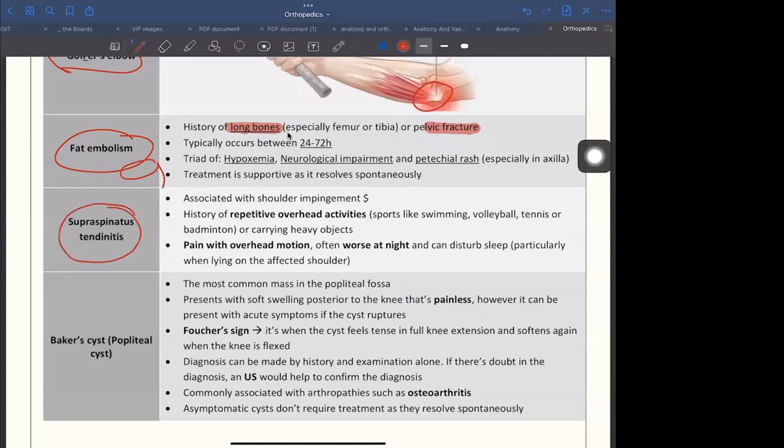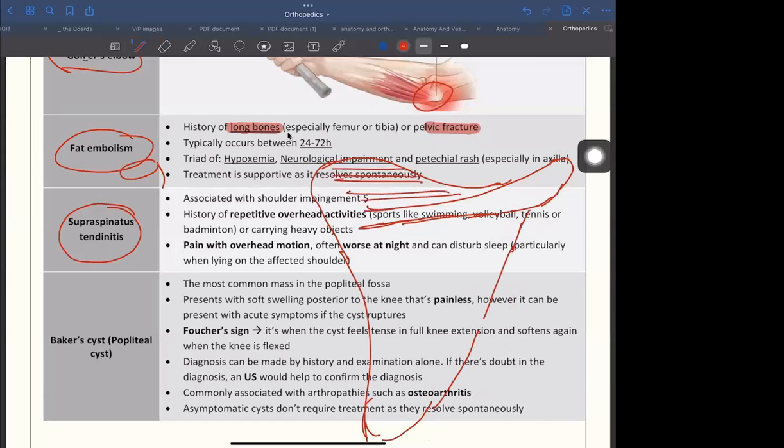Supraspinatus tendinitis. What is the supraspinatus? It is a muscle. If this is the scapular spine, and this is the scapula, basically, like that, there is a muscle here called the supraspinatus, and it is attached to the supraspinous area and the superior part of the head of the humerus.